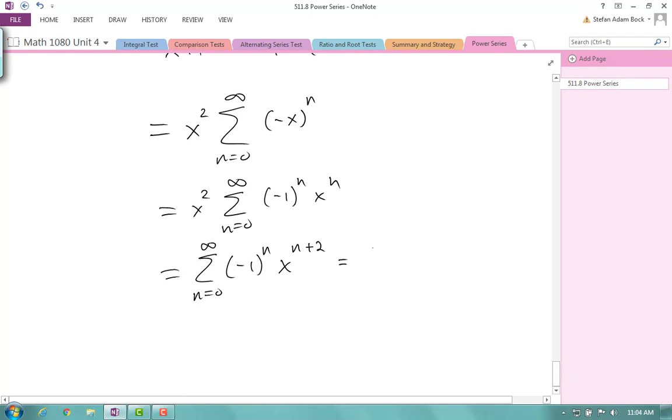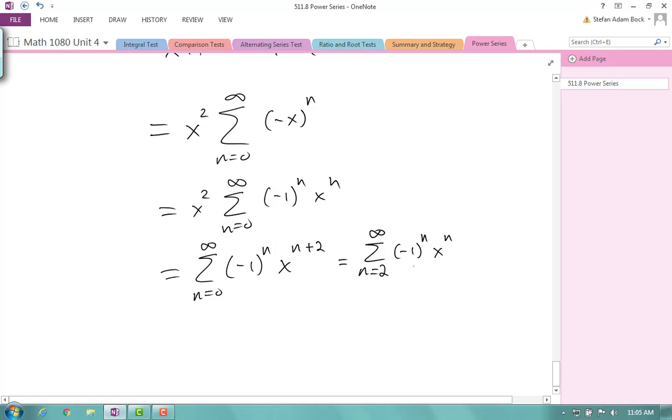If I was so inclined, I could also rewrite this as negative 1 to the n times x to the n. Nope, not n equals 0, from n equals 2. Because over here on the left, if n is equal to 0, that means my first term has an x squared, and I'll have a negative 1 squared, which is positive.